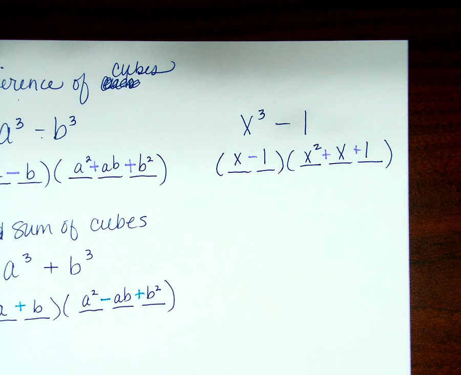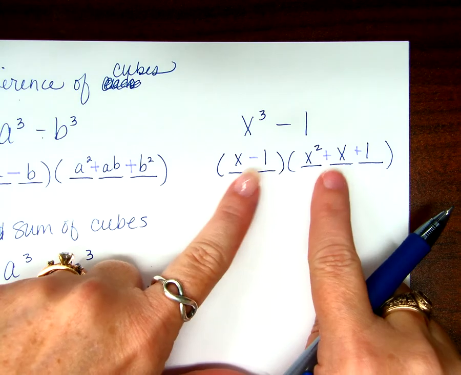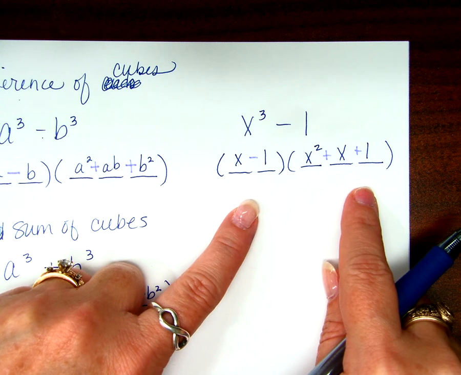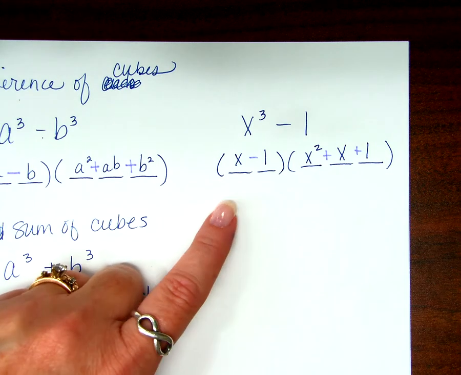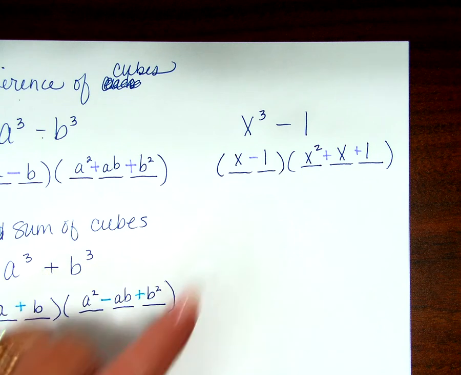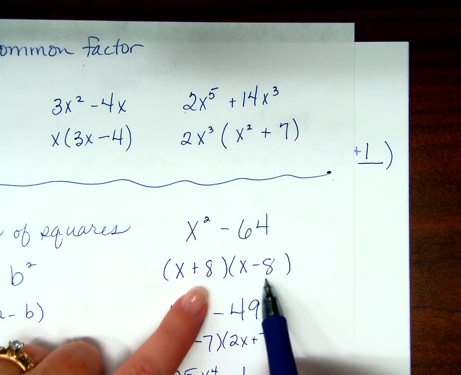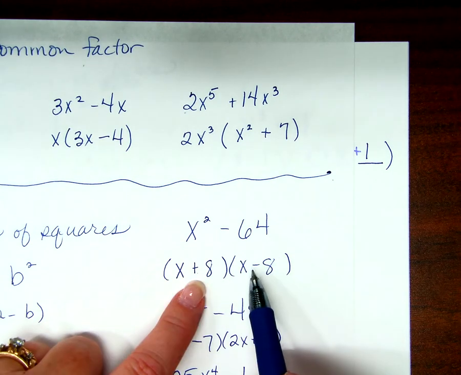Now, the thing about these is that you should never get them wrong, because you can always check them. All these ones that I just did for you, the difference and sum of squares, you can check them. Because what if we took the answer right here? By factoring it, I'm kind of dividing it out, aren't I? I mean, we have dividing polynomials.